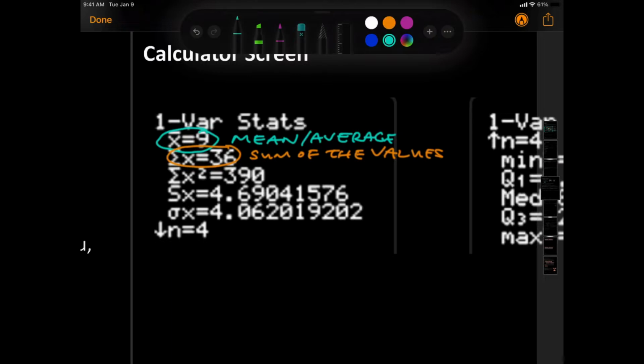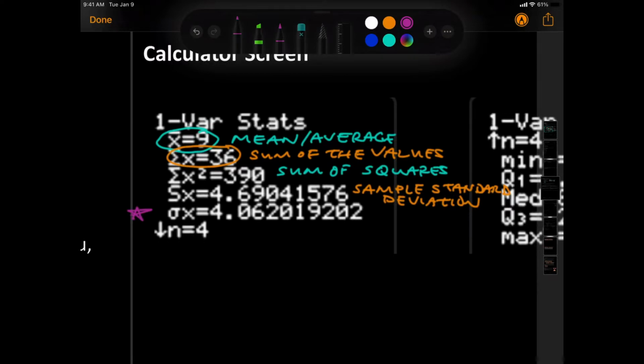This is the sum of the squares. Okay, this one is the sample standard deviation. For the problems that we're doing, we're looking actually for this one.